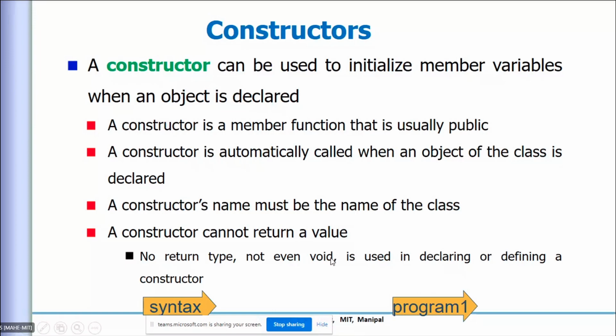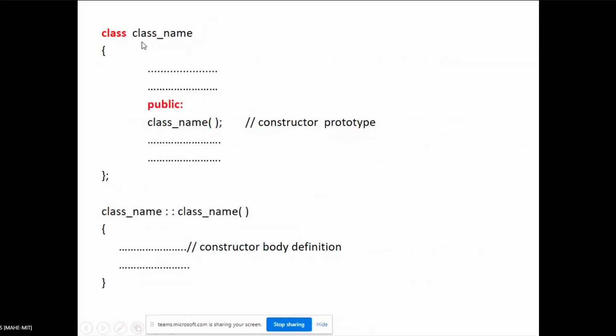This is the syntax. If you declared a class, this is the class name, and when defining the constructor, remember you should have the same signature here, the same name, and it is case sensitive, so it should be the same. It can't return anything here. It belongs to the class, so the name is the name of the class.